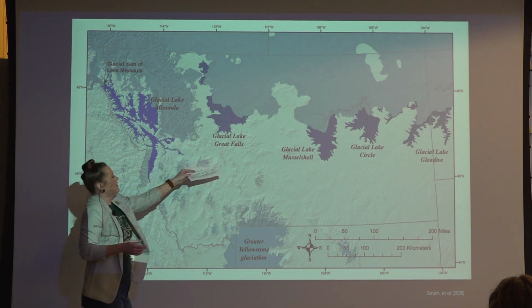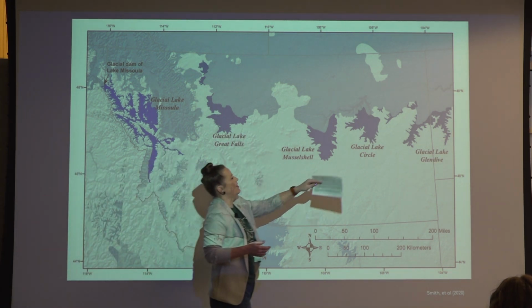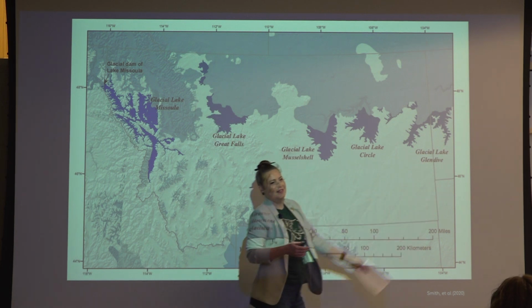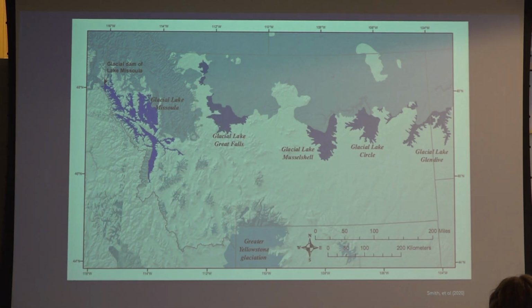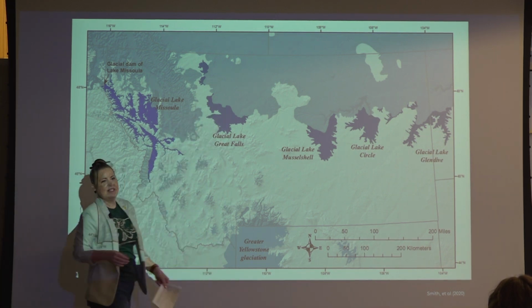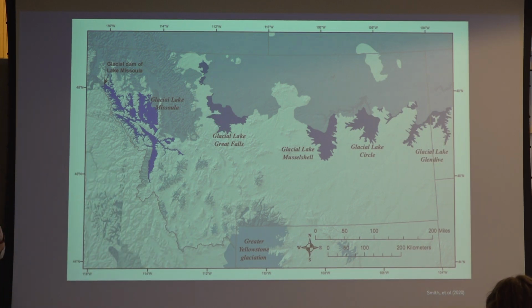But we also had Glacial Lake Great Falls, the Musselshell, Circle, and all the way out to Glendive. So this is the front end of that ice sheet. And anywhere that ice came down and blocked a major waterway, you get a glacial lake. Also, you can have glacial lakes form just as the ice starts melting, and it just pools up in the depression that the ice sheet made as it advanced forward.